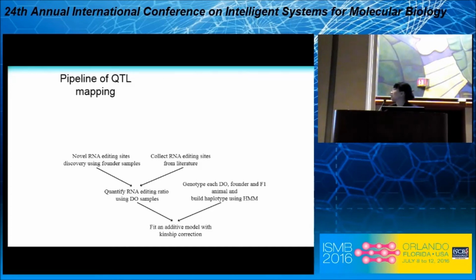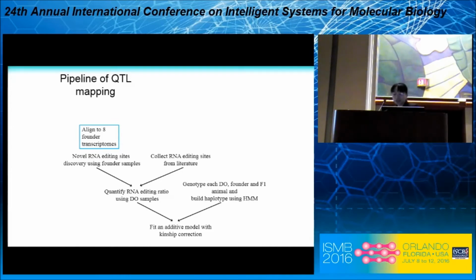We only identify novel sites from the founder samples, collect known sites from the literature, and quantify each editing site using the DO mouse. And the pipeline for identifying novel editing sites is similar to the pipeline I showed in the background part, but improved by aligning to the 8 corresponding founder transcriptomes rather than aligning to one reference.